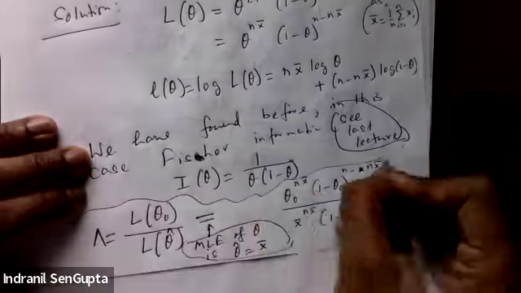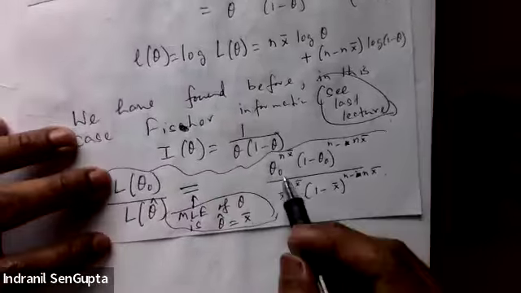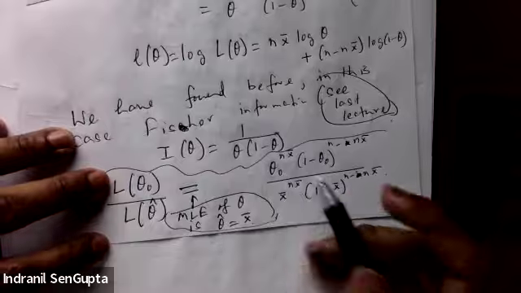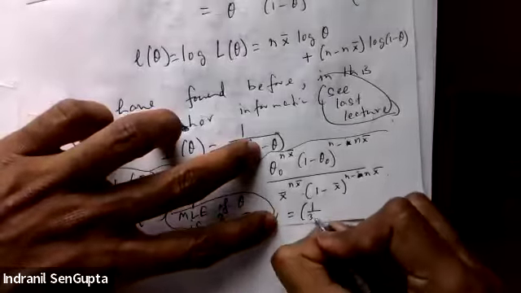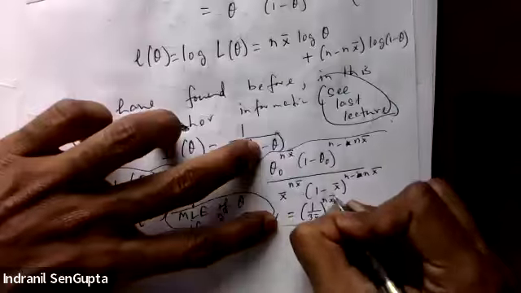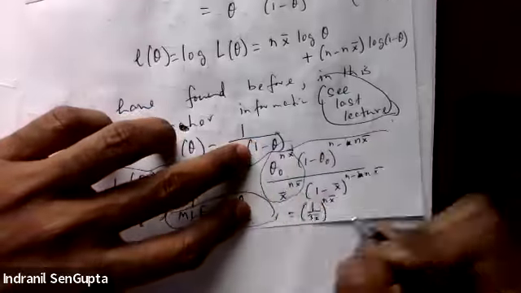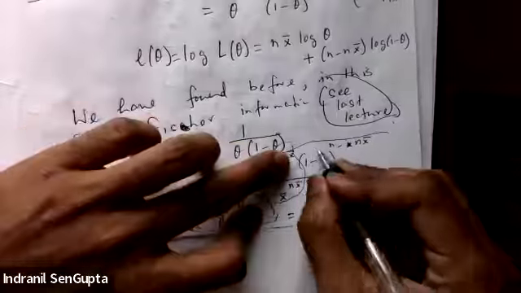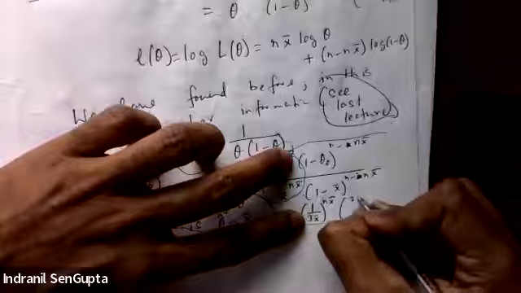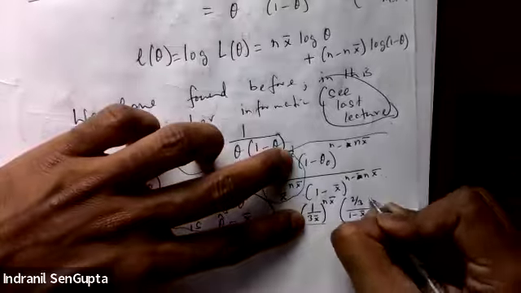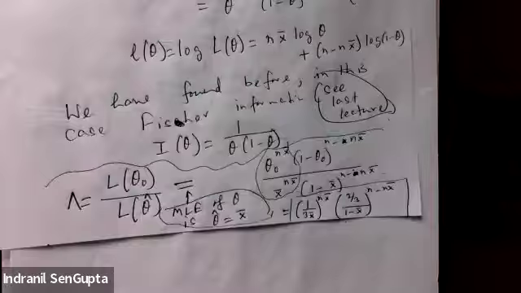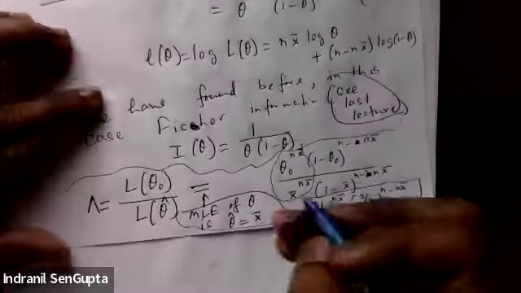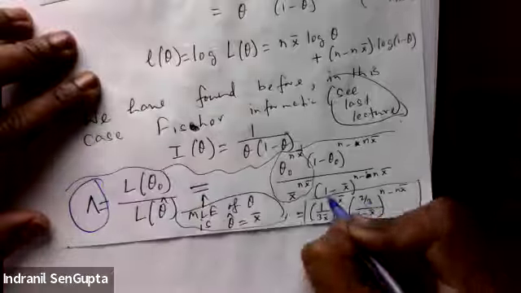So let's follow this up. We are done actually. So what is theta 0? Theta 0 is 1/3. So if I combine these two terms with theta 0 equals 1/3, and this is 2/3, it's 1 over 3 x bar to the n x bar, times 2/3 over 1 minus x bar to the power of n minus n x bar. That's it. So this is the answer. So lambda equals this.